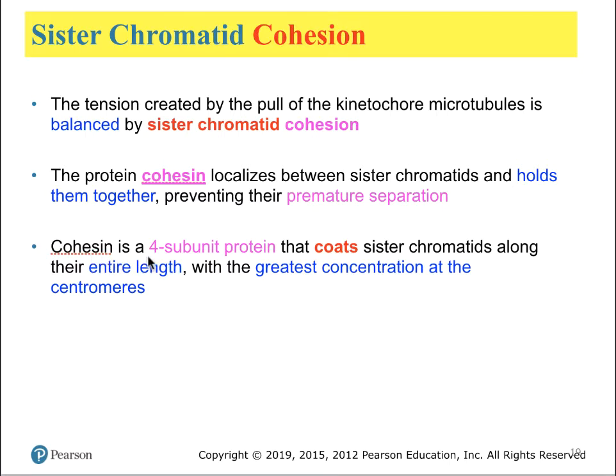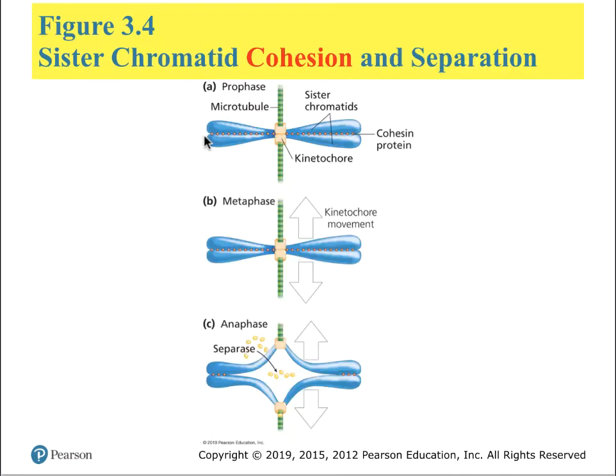Cohesin is a complex protein of 4 subunits that coats the sister chromatids along their entire length, with the greatest concentration being found at the centromeres, probably because that's where most of the tension is. In figure 3.4, the use of these orange dots is meant to symbolize the presence of the protein cohesin.